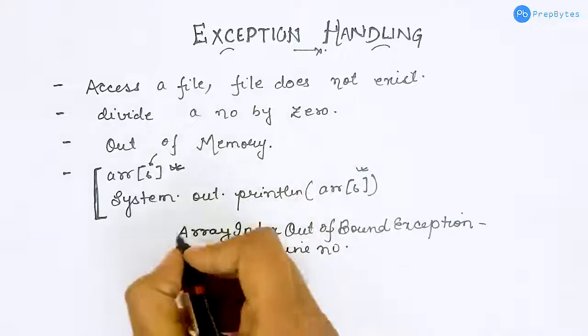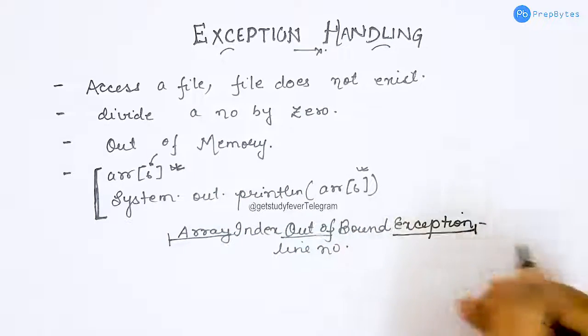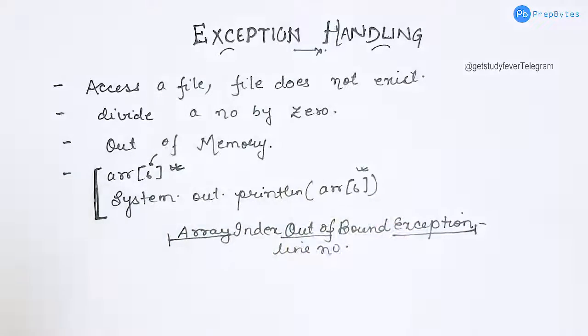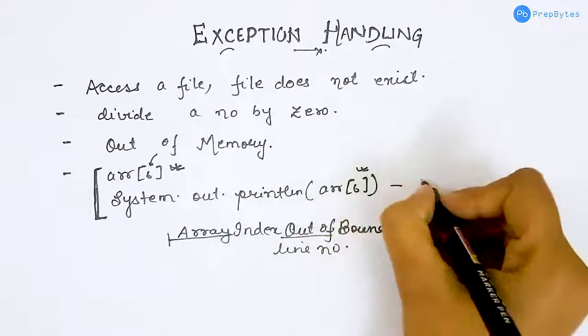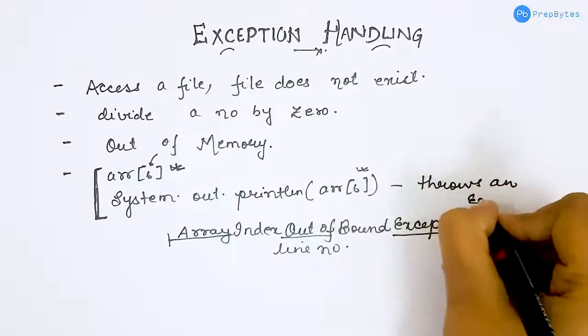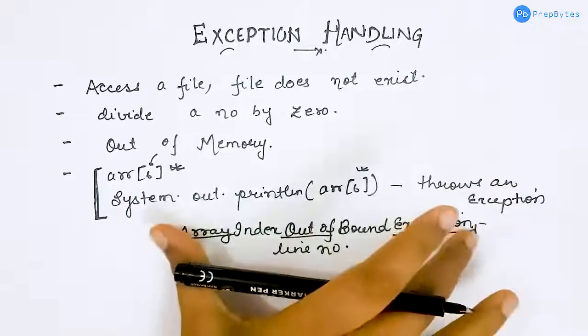In this case, this particular thing, ArrayIndexOutOfBoundsException, is an exception object. Whenever there is some abnormal situation, Java throws an exception. In this case, it has thrown this exception.